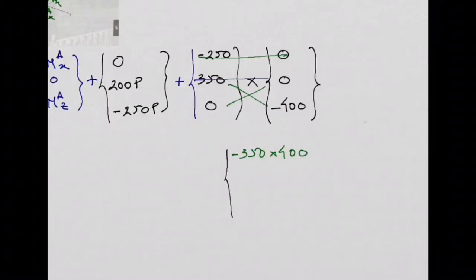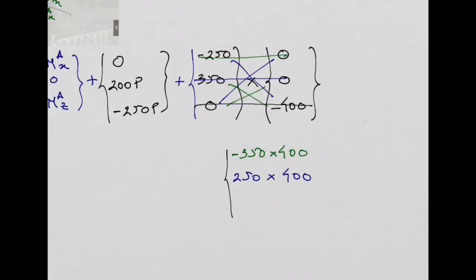The y component, now in blue: we need to do 0 times 0 minus 250 times minus 400, so it will be 250 times 400. Right? And the z component is going to be 0.